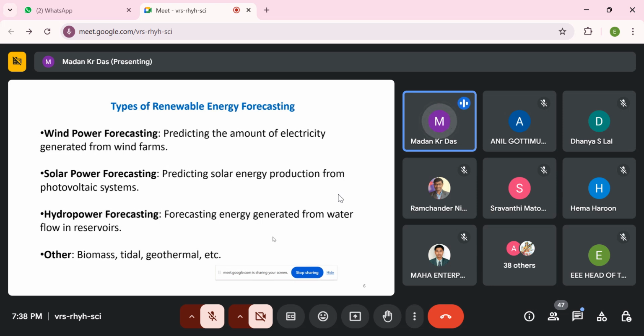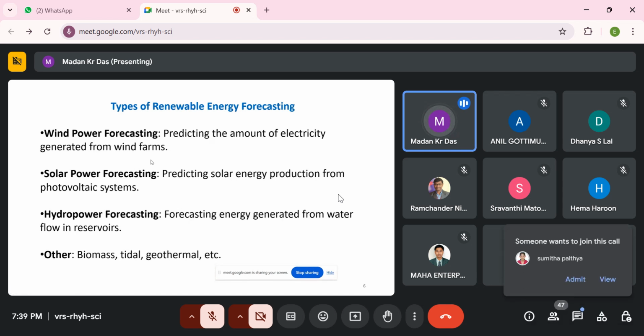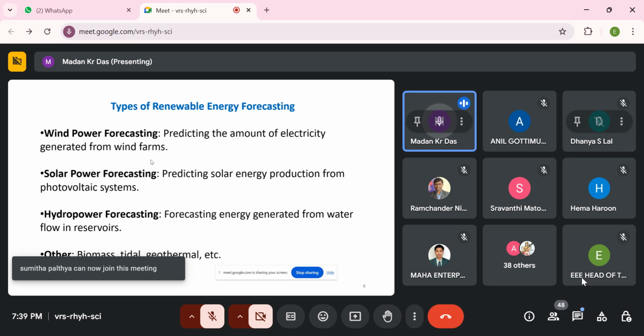Now we have discussed solar power forecasting. Solar power, photovoltaic capacity, is expected to lead renewable energy growth with annual installations reaching record heights.